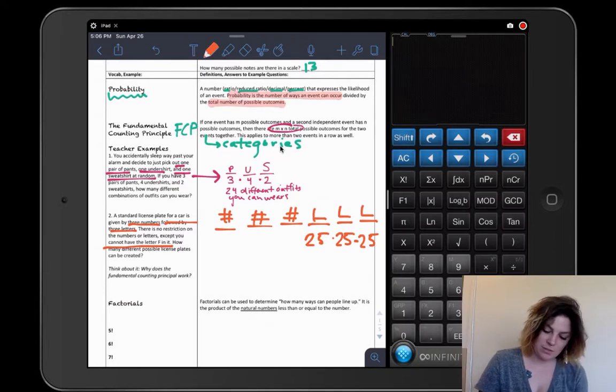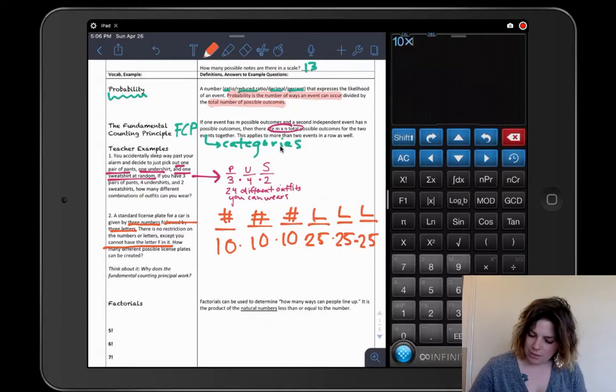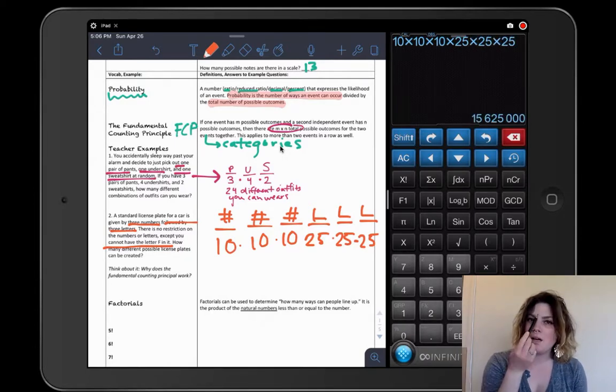All right, so now there's no restrictions on the numbers or letters. So we have these numbers. There's 10 possibilities here, 10 here, and 10 here, because you have 0, 1, 2, 3, 4, 5, 6, 7, 8, 9 as options. So I could, in my calculator, do 10 times 10 times 10 times 25 times 25 times 25. Or I could use my noggin and try to be a little bit more efficient.